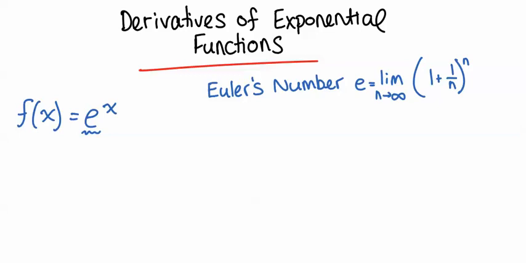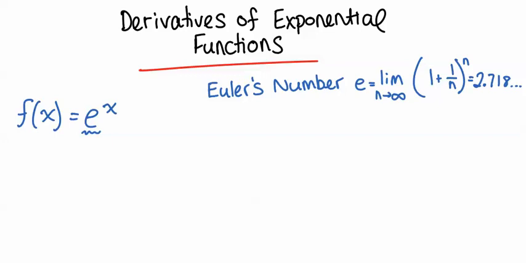Then try it with 2, 3, 1,000, 2 million, whatever. Just keep finding bigger and bigger numbers of n, and you'll see that the value of e is approaching 2.718 and so on. I can't remember the rest, but there is an e button on your calculator, and if you click on that, it will tell you the value of e.